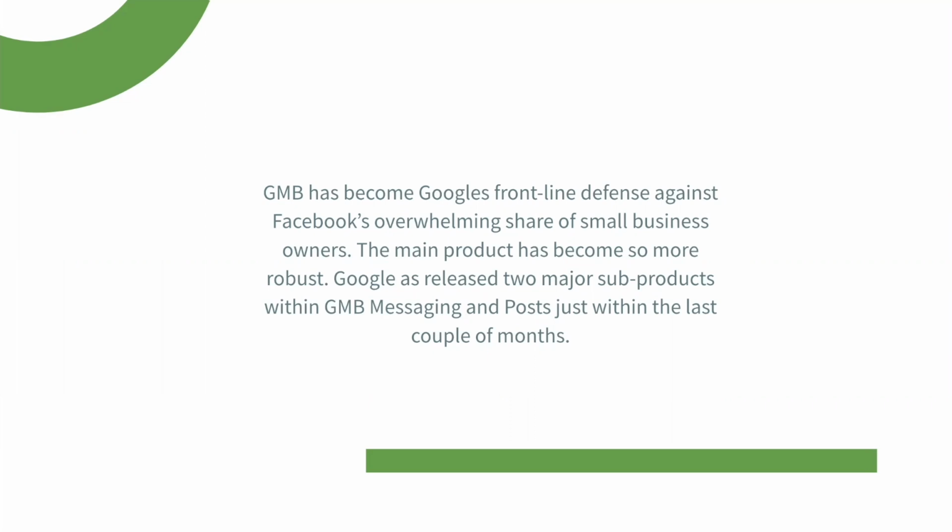Google has released two major subproducts within GMB, messaging and posts, just within the last couple of months. And the goal of both products seems to be to get small business owners to engage with their customers via GMB on a regular basis, as opposed to just setting it up and then letting it go. Essentially they want you to reach out and engage with your customers.